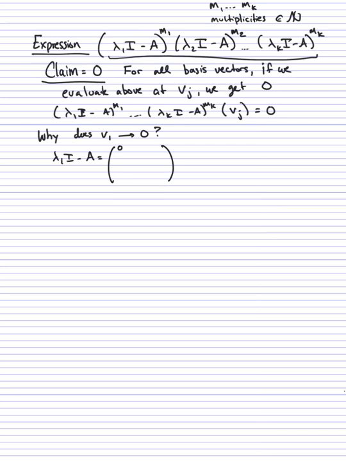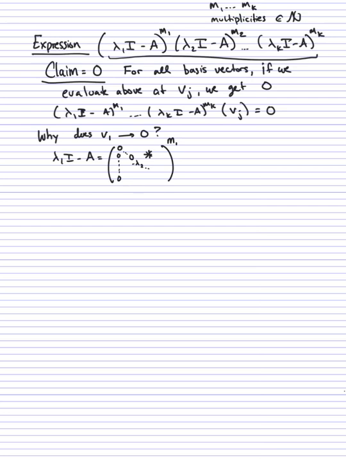So it'll look something like a bunch of zeros, then we have lambda 1 minus lambda 2s, and then everything else will just look like A. So in particular, I have a column of zeros, okay? And this column is going to be preserved if I raise this to a power, right? You can imagine composing this matrix m1 times preserves this first column.